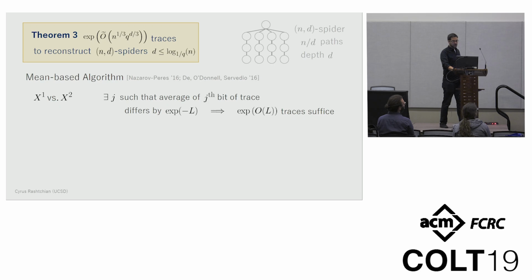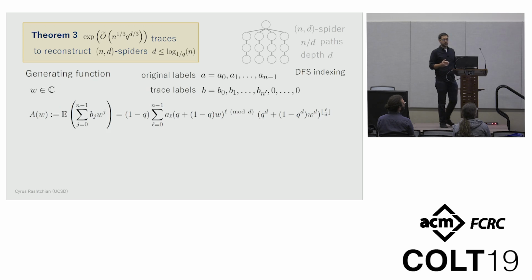We use a similar idea for spiders, but unfortunately, or interestingly, the generating function, which describes the process and what the actual means look like, is much more complicated. It's essentially a two-dimensional generalization of what's been used for strings. What was shown before, and what we use, is that this generating function can give you the expected distance between some average bits.